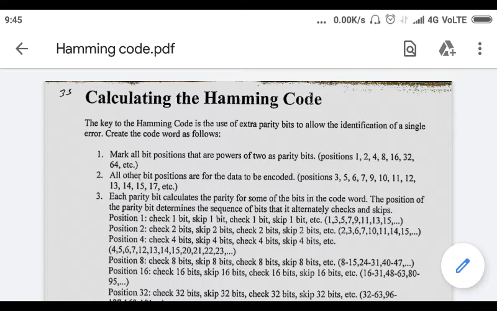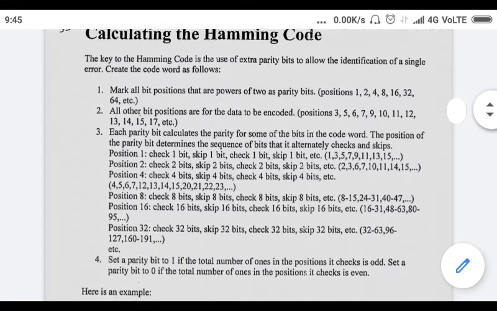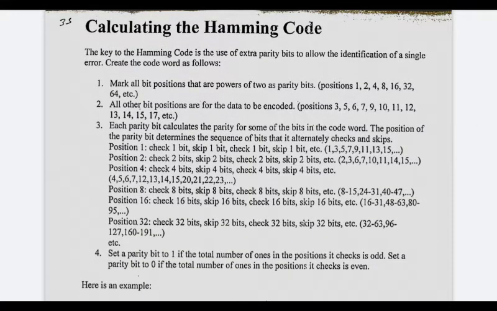Now in this algorithm, for each particular parity bit position you have to find what the parity bit is. Is it clear? Each parity bit calculates the parity for some of the bits in the code word. The position of the parity bit determines the sequence of bits that it alternately checks and skips. Is it clear?